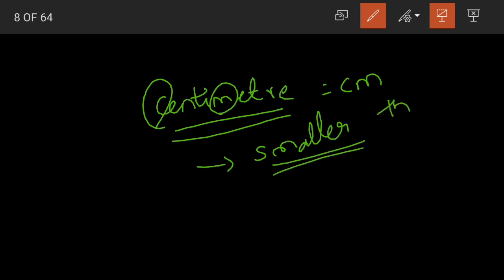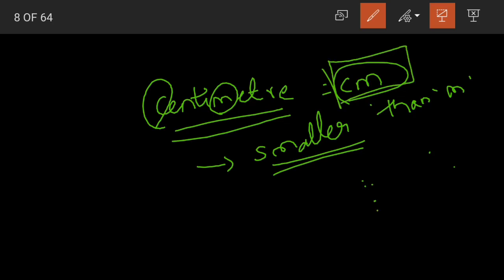distances, smaller than meter. Now if I go for measuring the length of our classroom using centimeters, how many centimeters would I need, children? It would be too many centimeters. We can measure, but it would be difficult for us to measure the length of the classroom in centimeters. So we go for a little bigger measure, that is our meter.